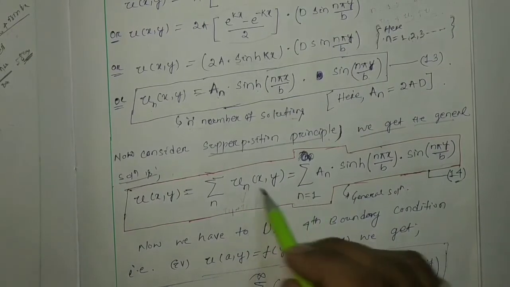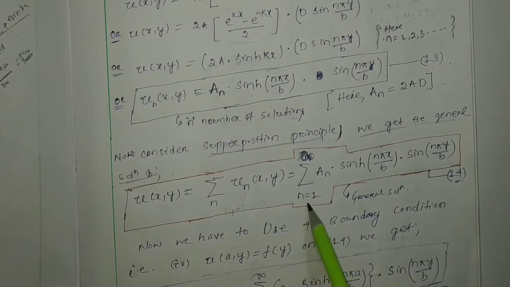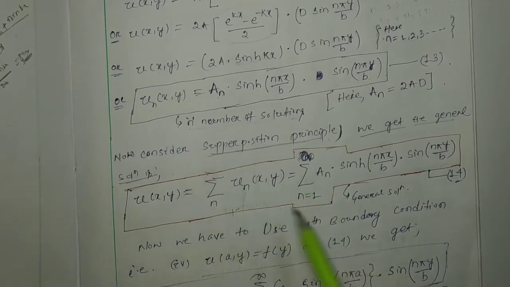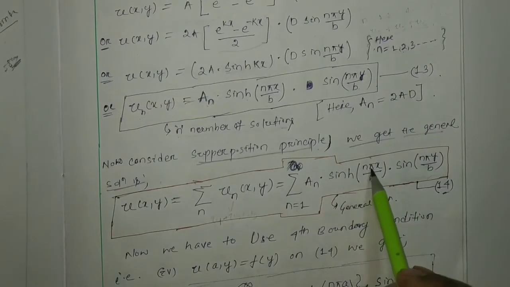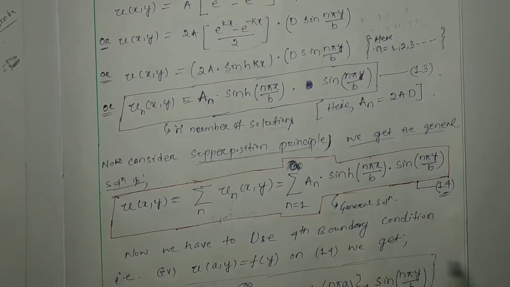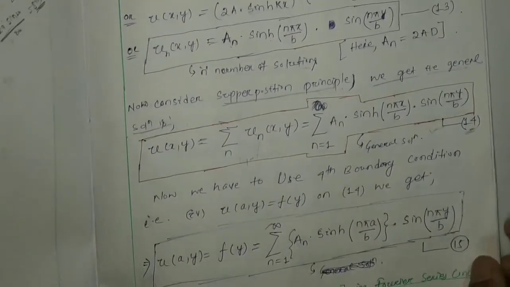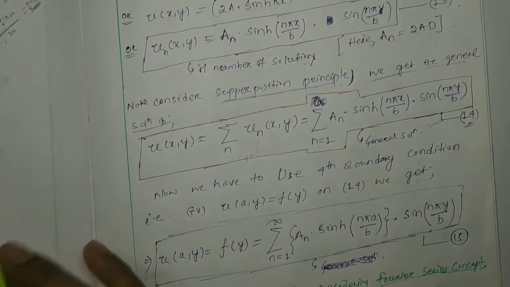So here u(x,y) will be summation over n equal to 1 to infinity a_n sinh(n pi x by b) into sin(n pi y by b). Let this be your equation number 14. This is your general solution. Now we have to use the fourth boundary condition.